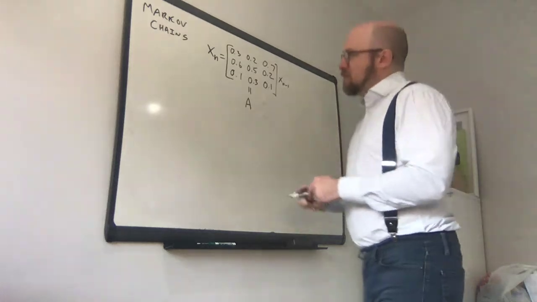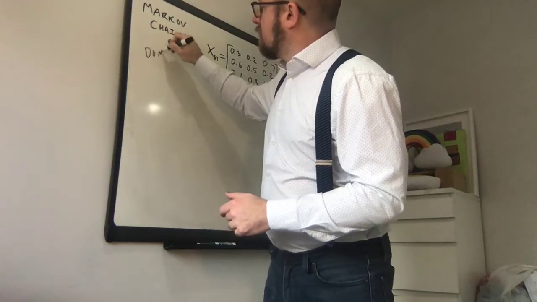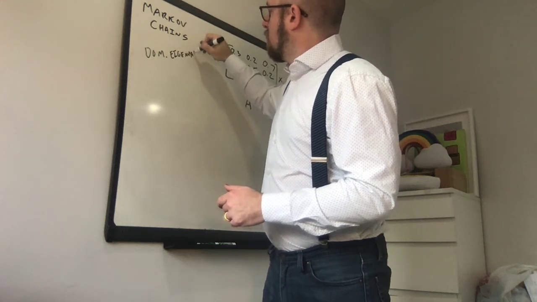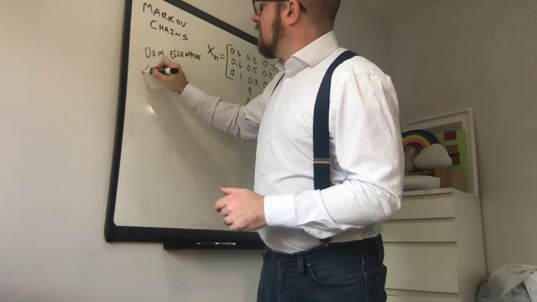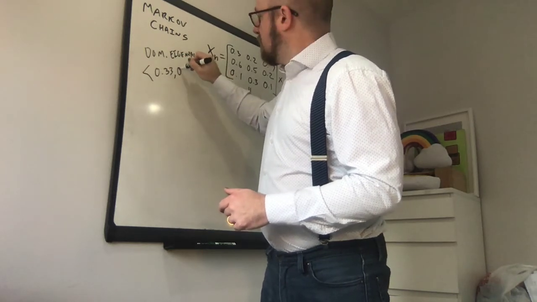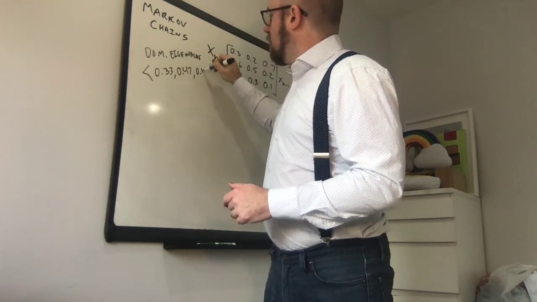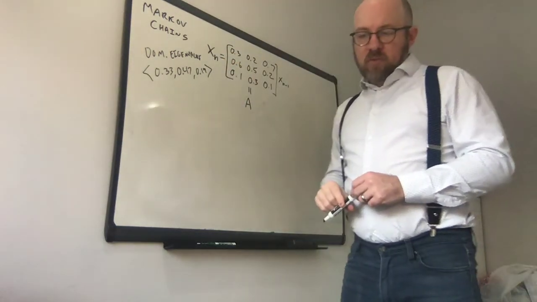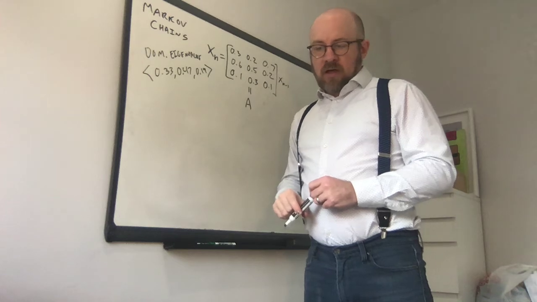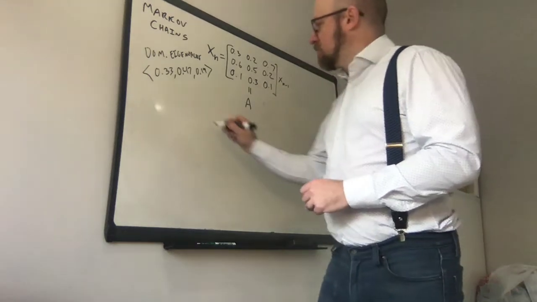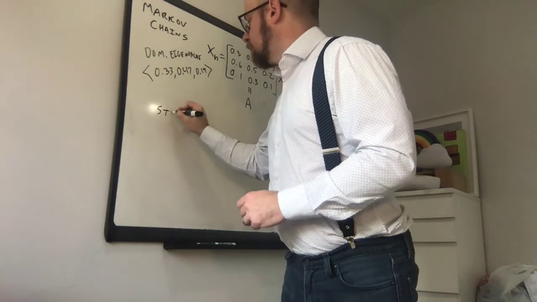Okay, so let me just write up my dominant eigenvector here. Remember, it was 0.33, 0.47, 0.19. The tool that we're going to use to look at Markov chains is what's called the steady state matrix.